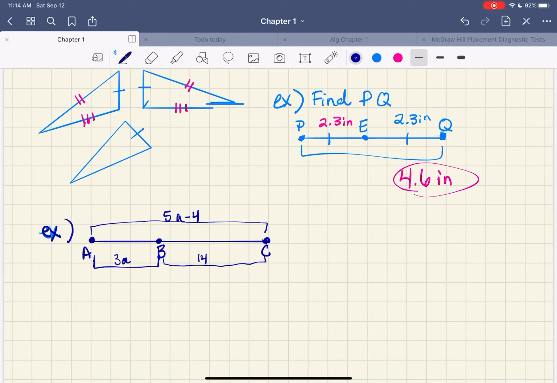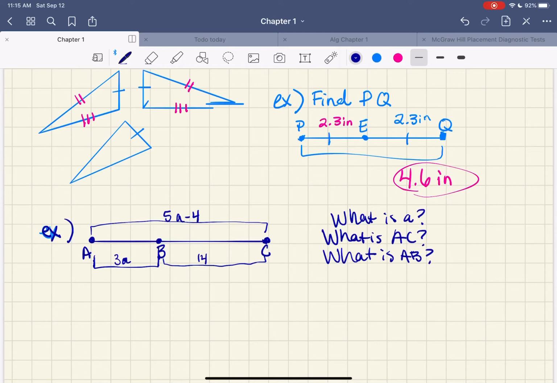They could ask me quite a few questions with this. They could say, what is A? They could also say, what is AC? Or what is AB? For all of these, you have to figure out what A is.